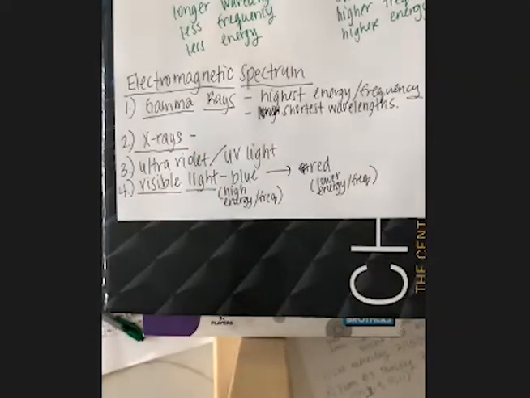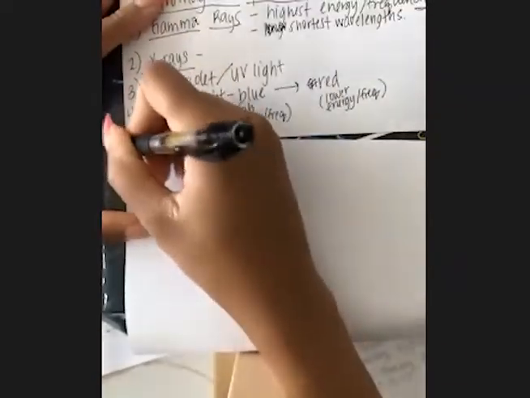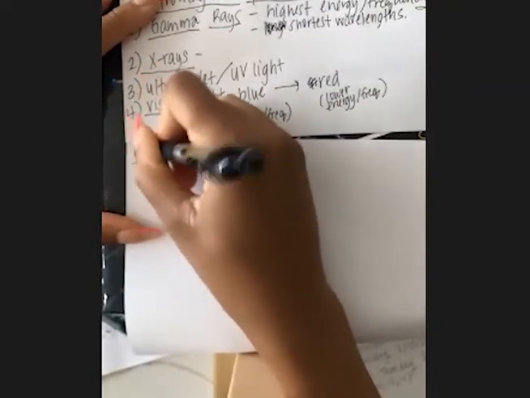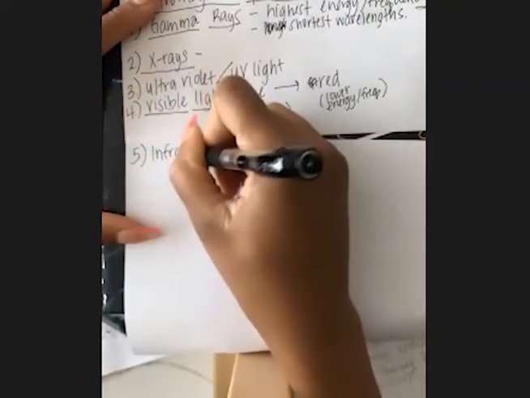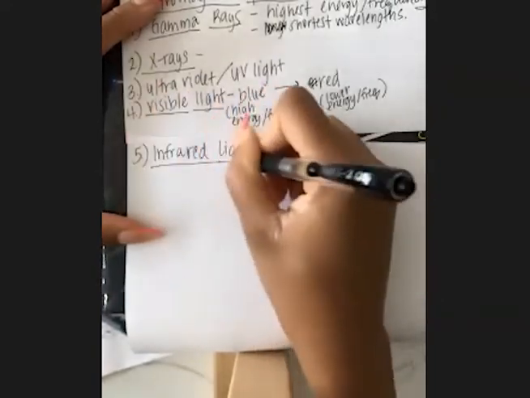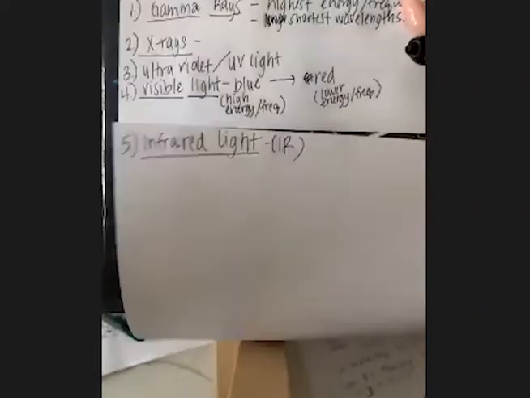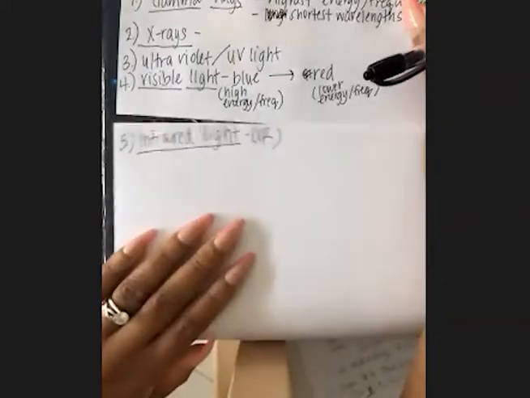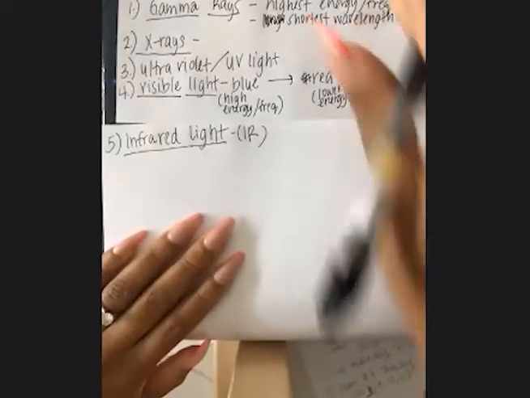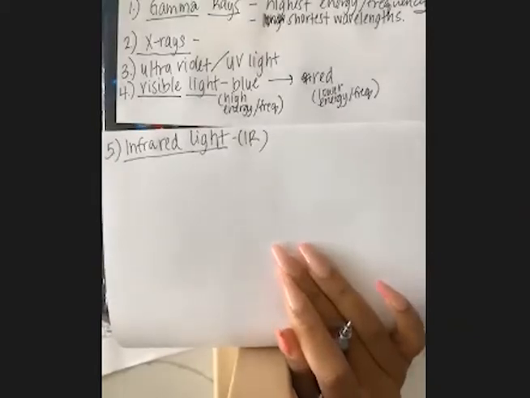All right. So then if I keep going, the fifth one is infrared light, and that is considered IR. Some of you guys might have heard of IR. IR is technically heat that we can feel when we place our hand near a hot object.